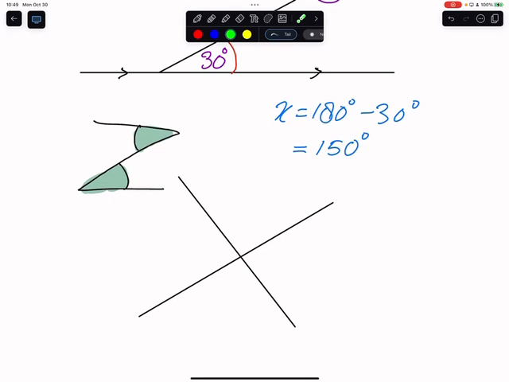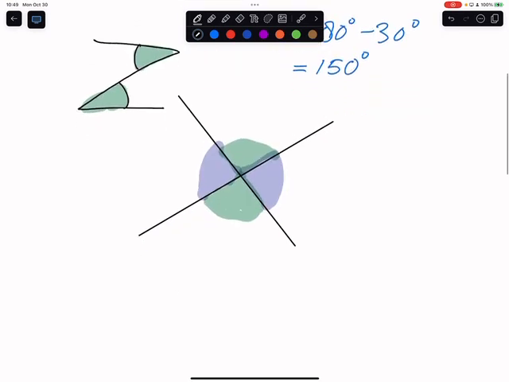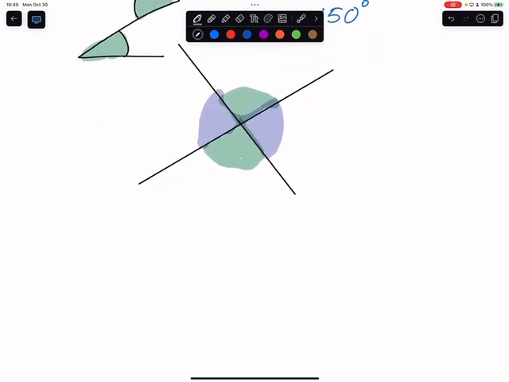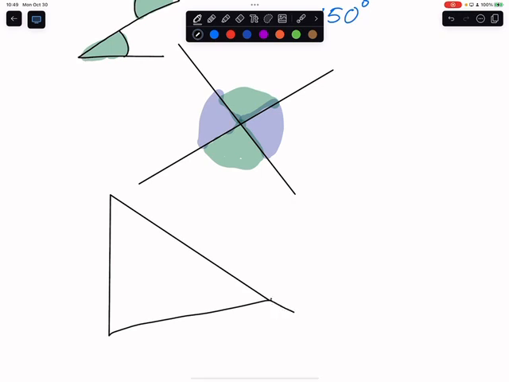The opposite angle states this angle is the same as that angle. So this angle is the same as that angle. You can do many things with opposite angles, making it difficult, for example, by drawing a triangle and doing this.